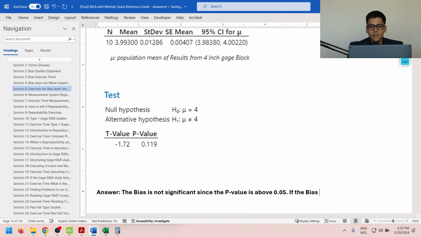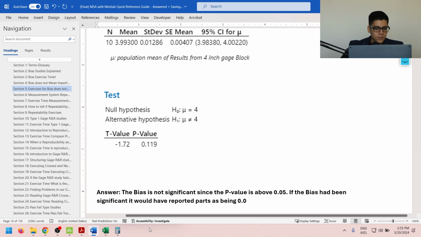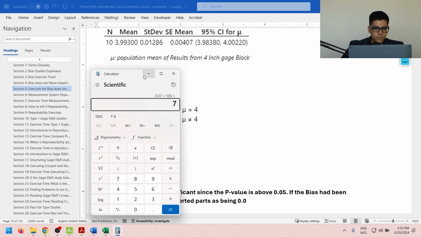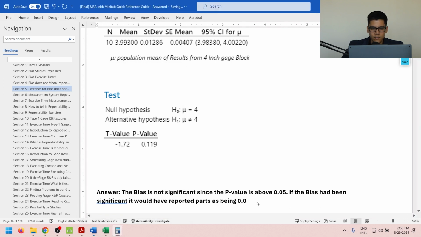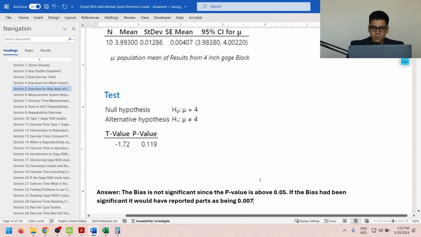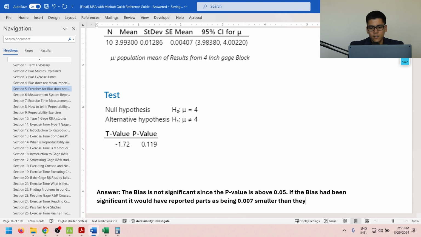If the bias had been significant, it would have reported parts as being around, let's see, 4 minus 3.993, 0.007, smaller than they are.